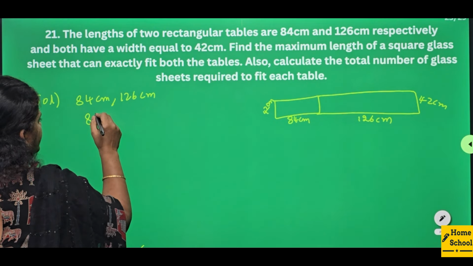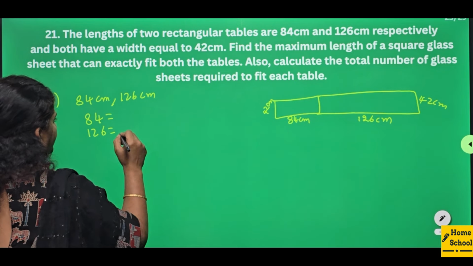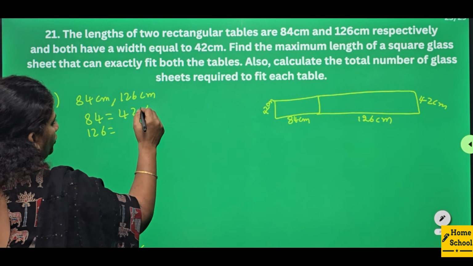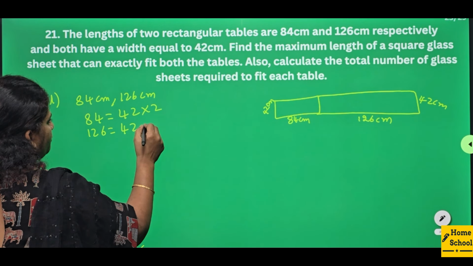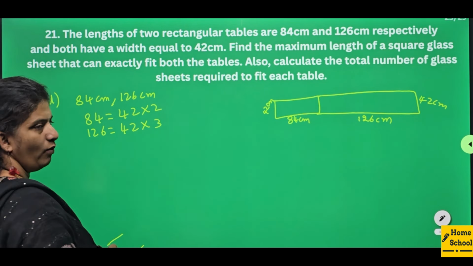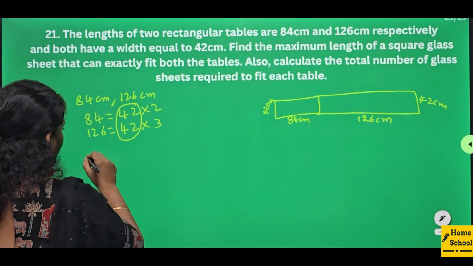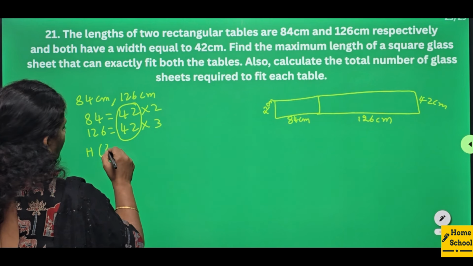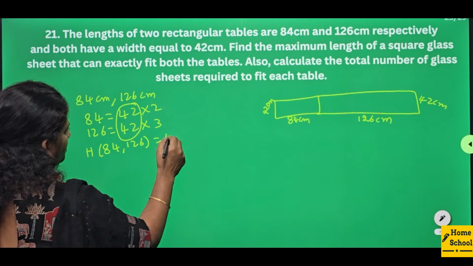First let us split 84 and 126 in the form of factors. 42 2s are 84 and this can be written as 42 3s are 126. The common factor is 42. Therefore, the HCF of 84 and 126 is 42.